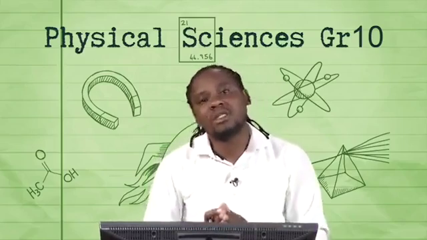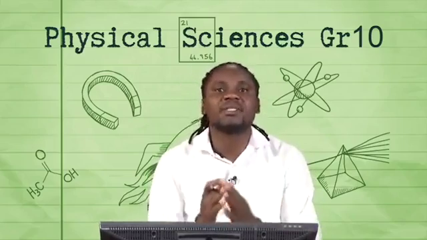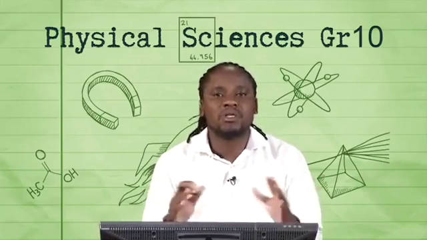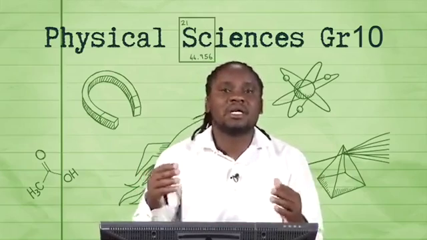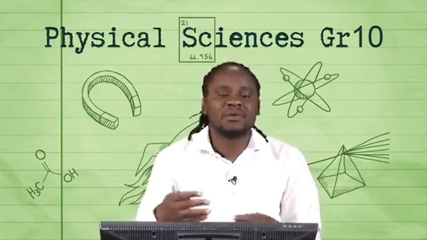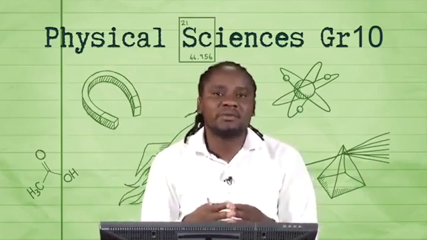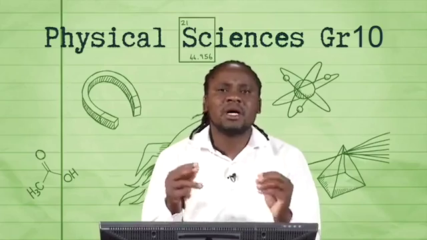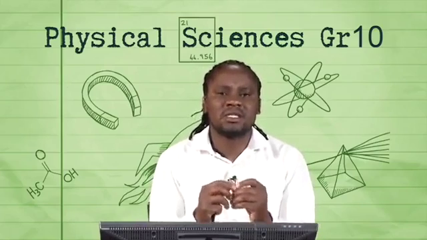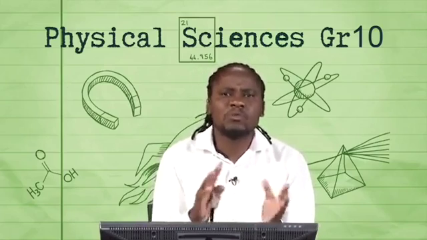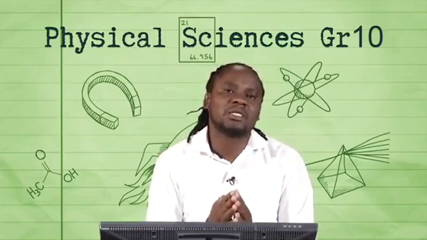Take, for example, group 8, which we refer to as the noble gases. They don't bond due to their stability. They are the only substances that exist as atoms. So we can't talk bonding, particularly with those substances.